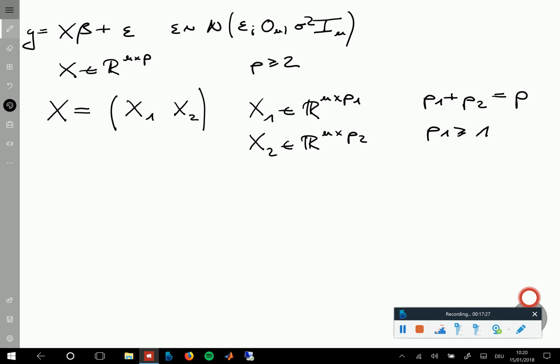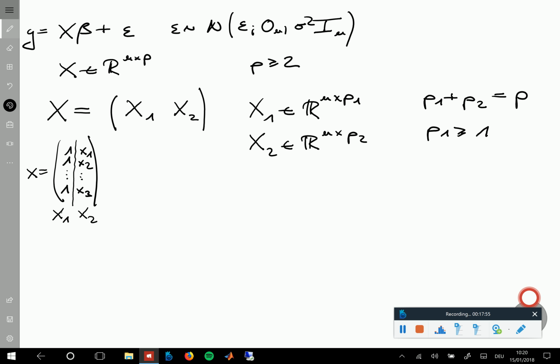So for example, if you think of simple linear regression, where the design matrix looks like this, as you all know, then of course it's very natural to split the design matrix here and have X1 being just a column of ones and X2 being the values of the independent variable.